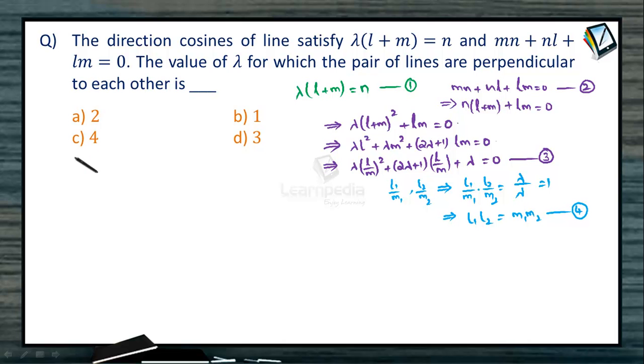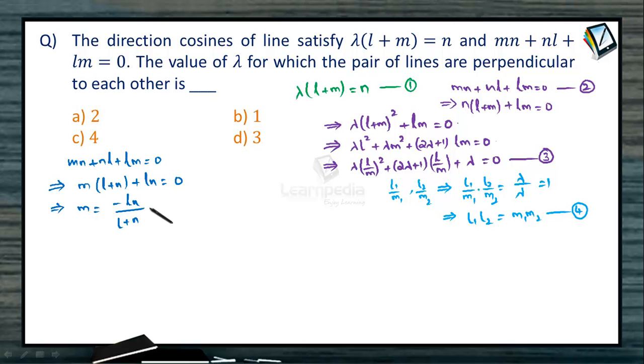Then again considering the second equation, mn plus nl plus lm equal to 0, can we rewrite this equation as m times (l plus n) plus ln equal to 0? So can you tell me what the m value is from here? Yes, m would be minus ln by (l plus n).